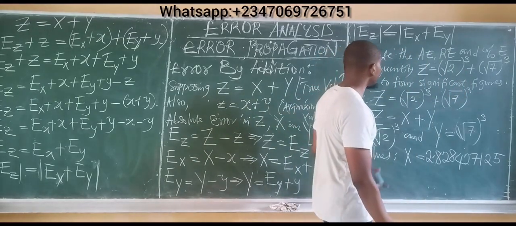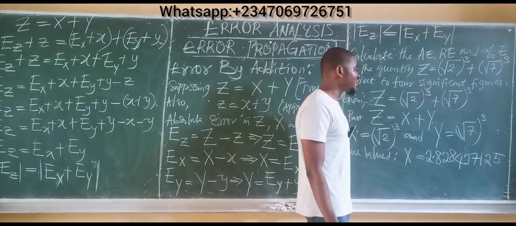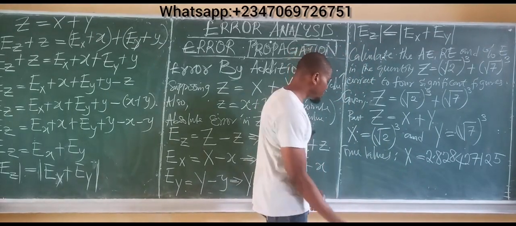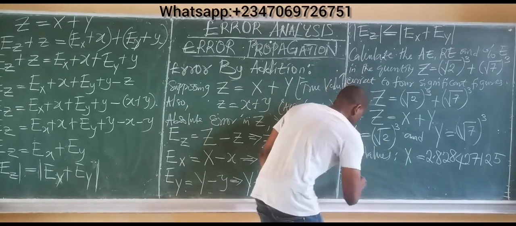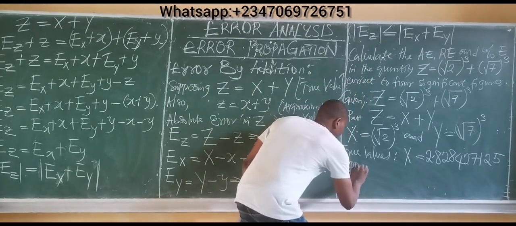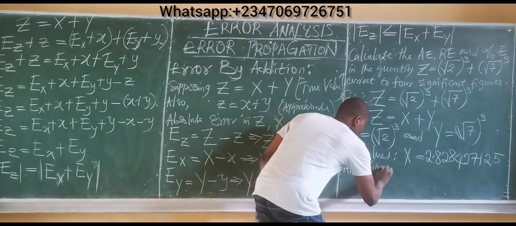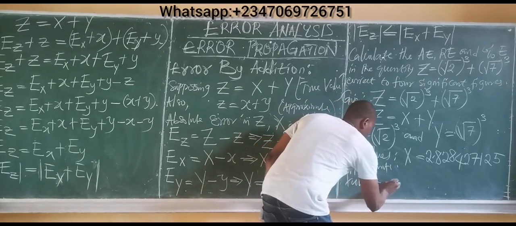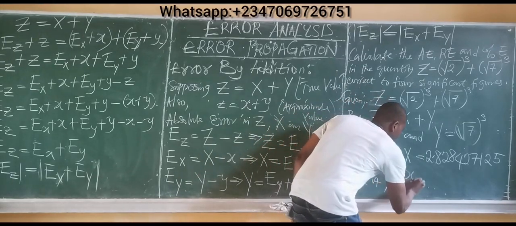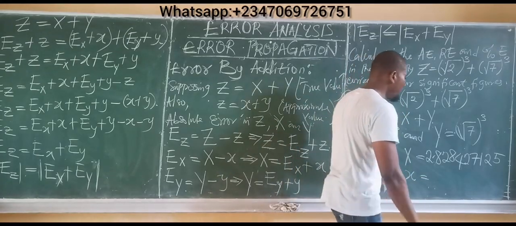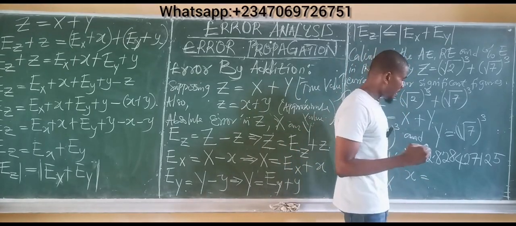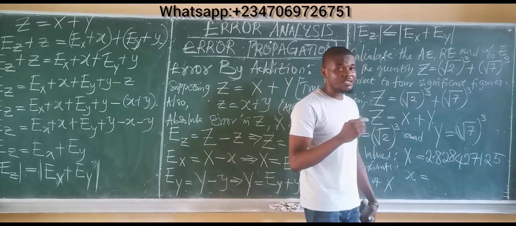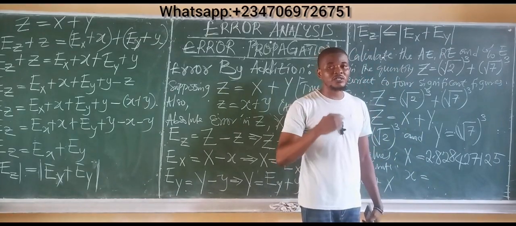But from the question, it says correct to 4 significant figures. So the approximate value of x becomes our small x. So we approximate this to 4 significant figures. Please take note, it's not 4 decimal places, but 4 significant figures.